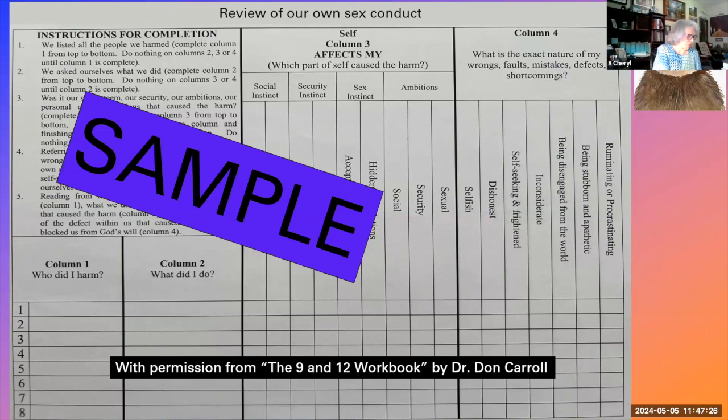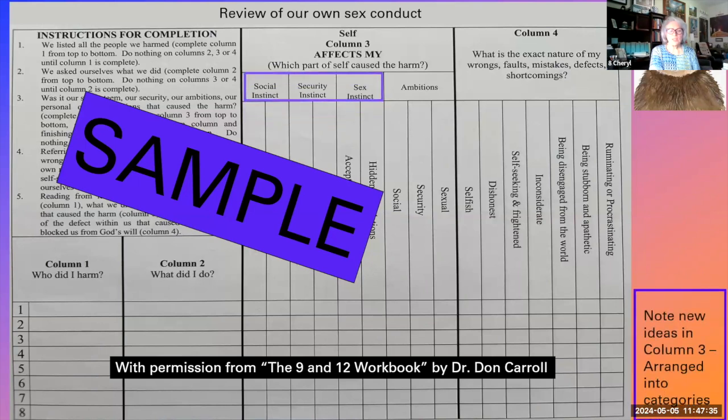This is a sample for the sex conduct of the 9, but I'm going to cover it so that you see what all it does. Okay, so the first thing is, notice under affects my, it now has subcategories that are the instincts. So the instincts are the social instinct, the security instinct, which is the self-preservation instinct, and the sex instinct.